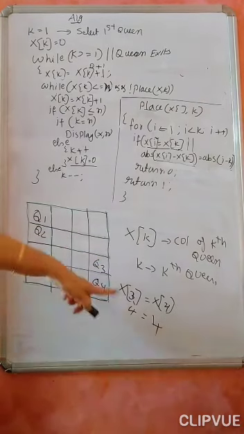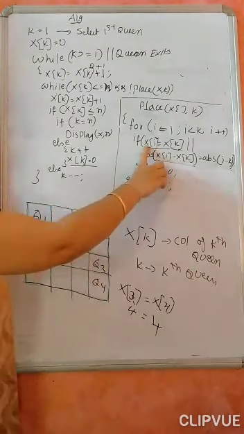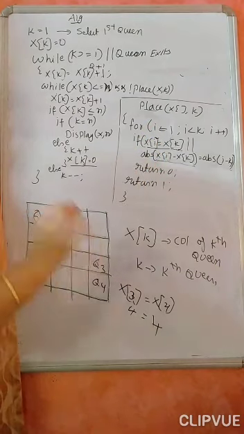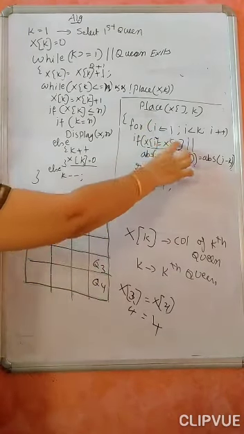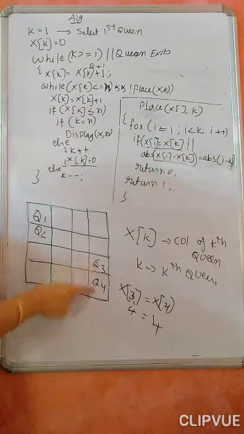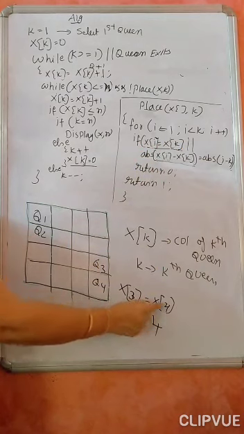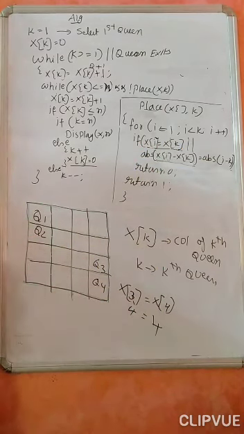We saw how to check for a vertical attack: if x of i is equal to x of k, where i is some queen and k is some other queen, I am checking whether two different queens are placed in the same column or not. If they are placed in the same column, that is what I have written here, then it is nothing but a vertical attack.